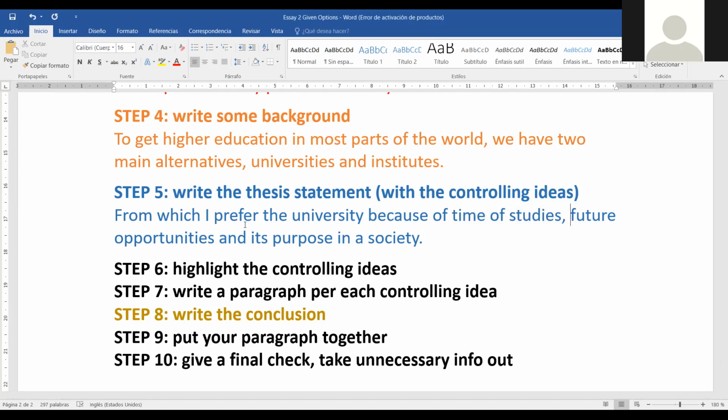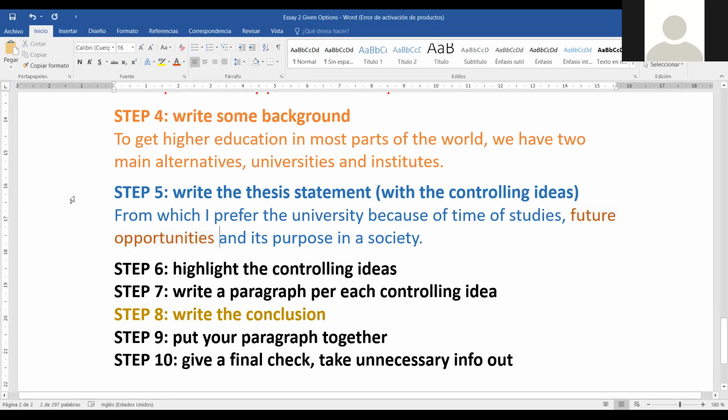I'm gonna leave it in that color. The second one, I put it in green, which is future opportunities. I'm gonna write it in another color.